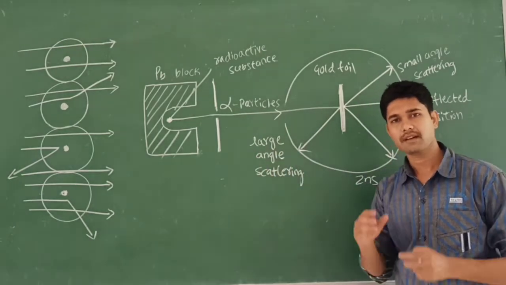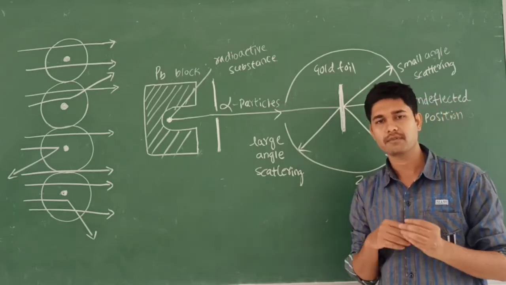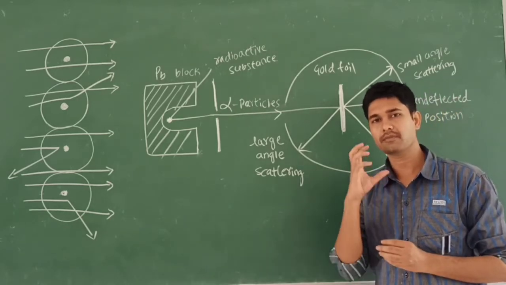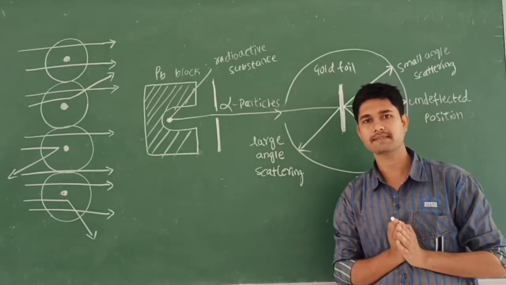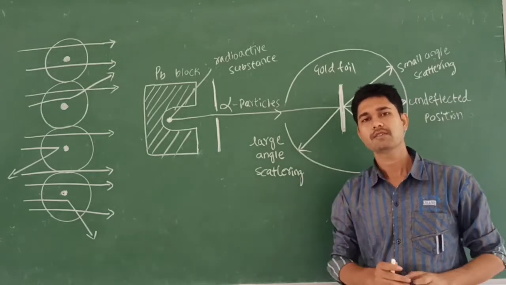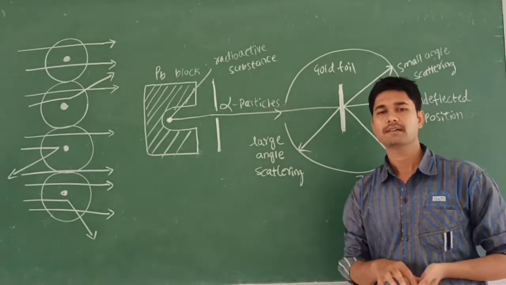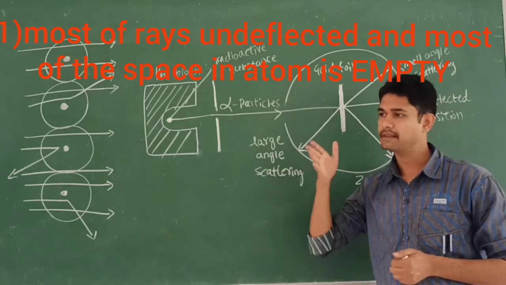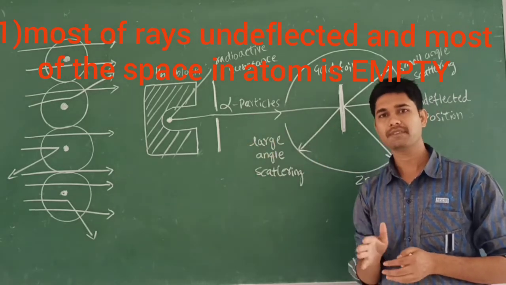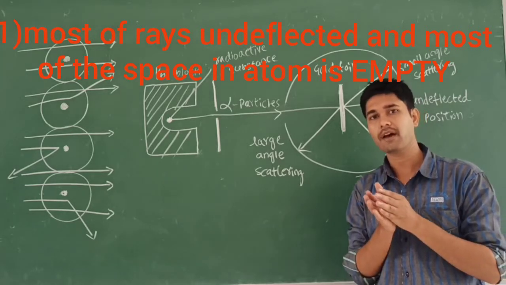Based on these observations from this experiment, Rutherford drew some conclusions. He made these conclusions to finalize the structure of the atom. He concludes that most of the alpha particles, when they hit the gold foil, are undeflected.